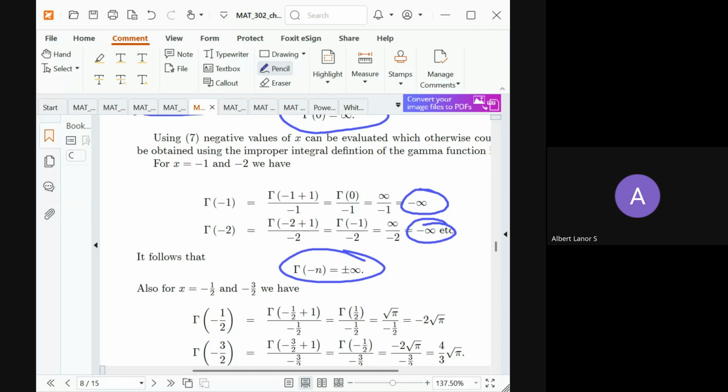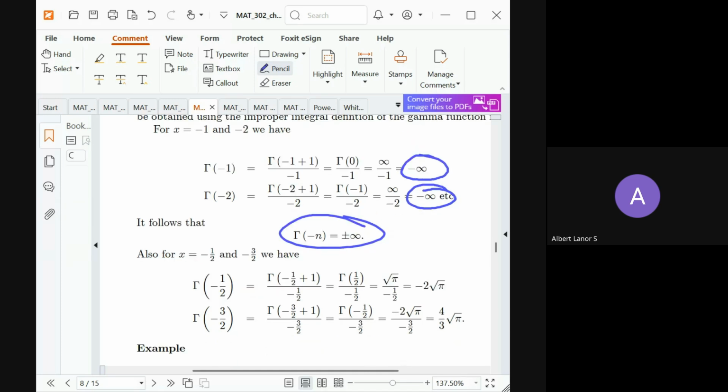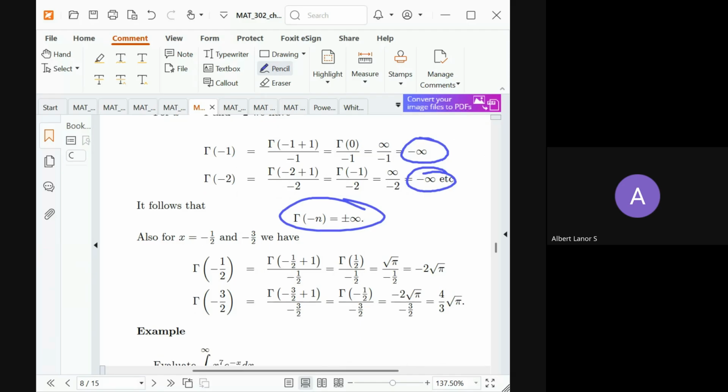So gamma of negative half is gamma of minus half plus 1, divided by x, which is minus half. And gamma of half is root pi, divided by minus half, and that gives you minus 2 root pi.